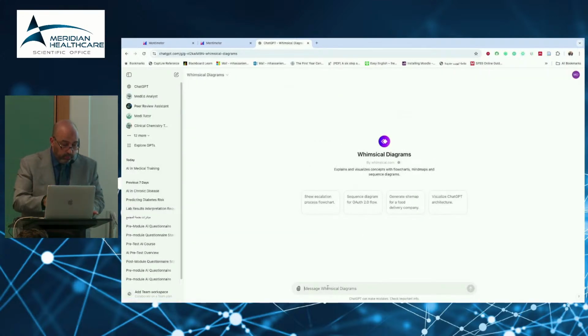And I put in the prompt box, convert the following text to an impressive diagram.